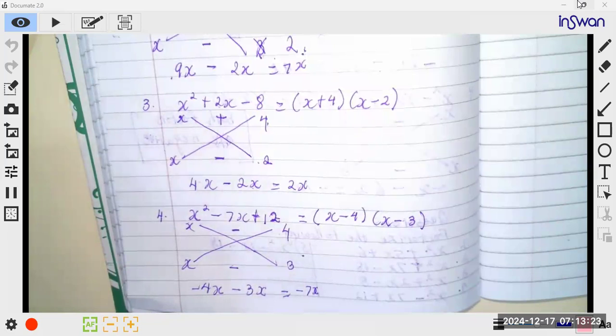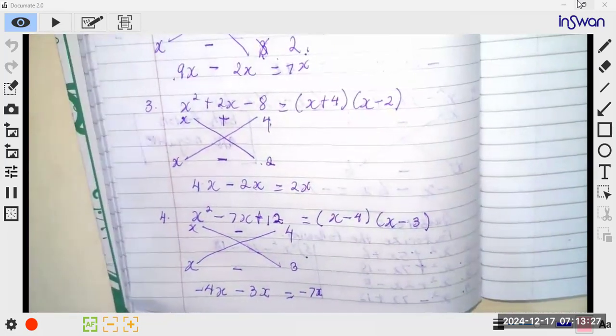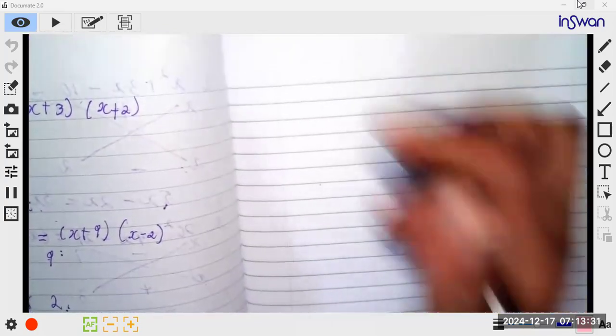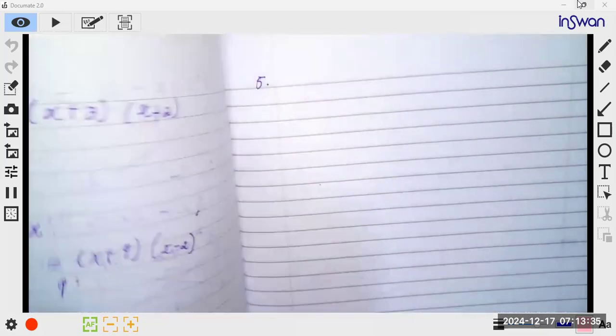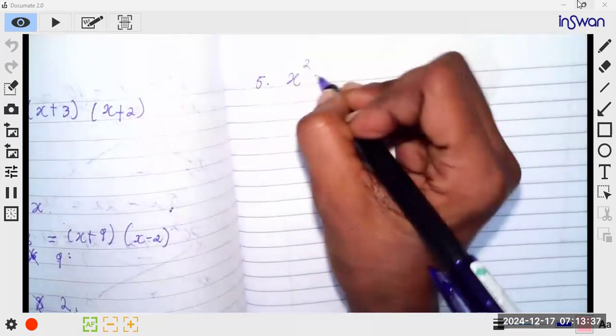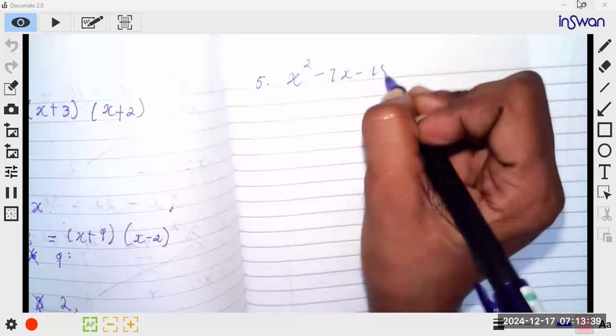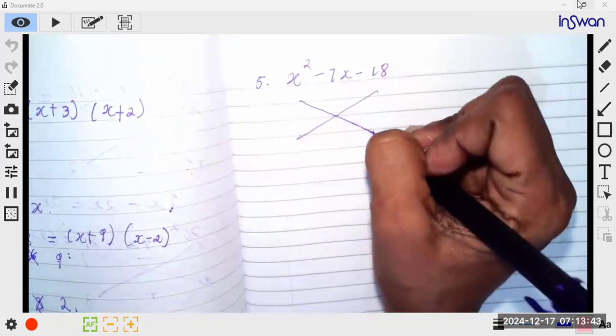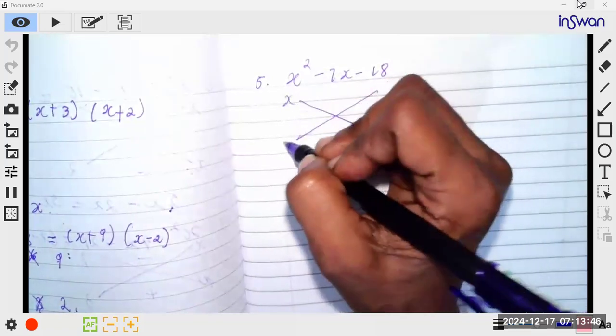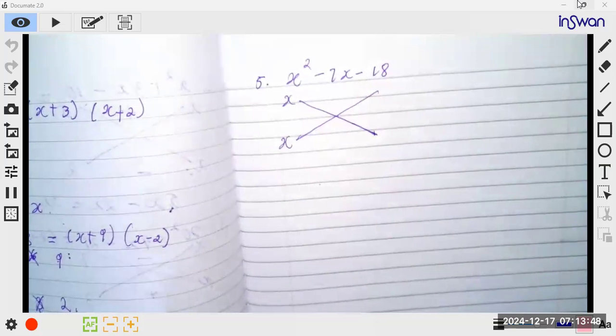Okay, so let's go to the final one. Last question. Number 5 is x squared minus 7x minus 18. So as usual, x by x. What times what will give us 18?